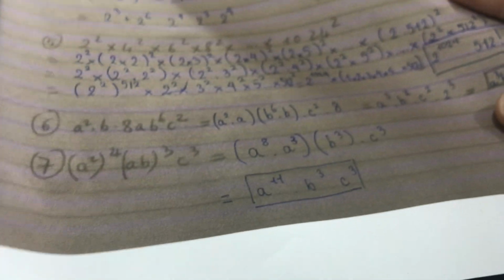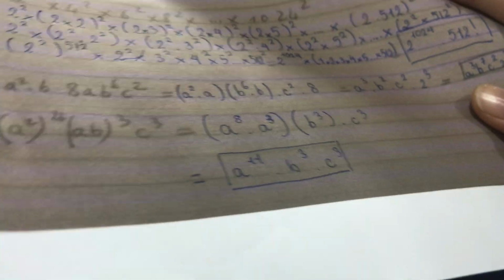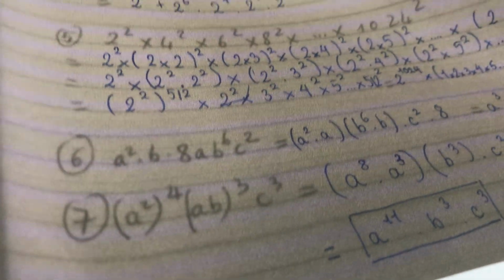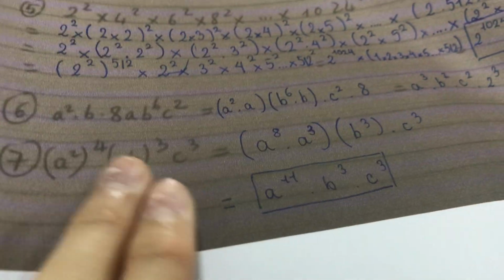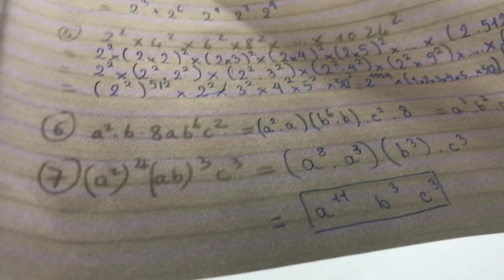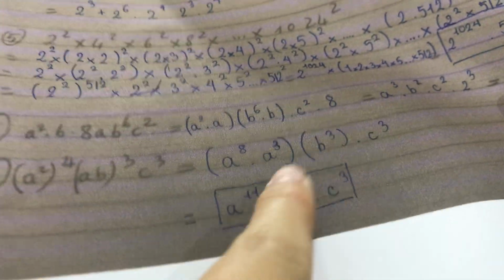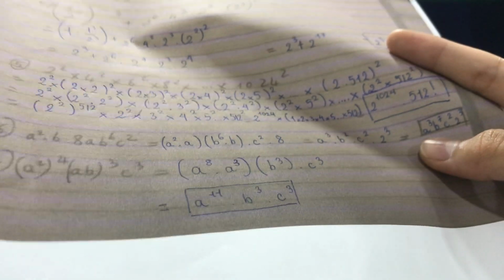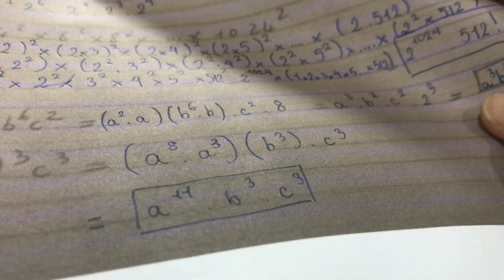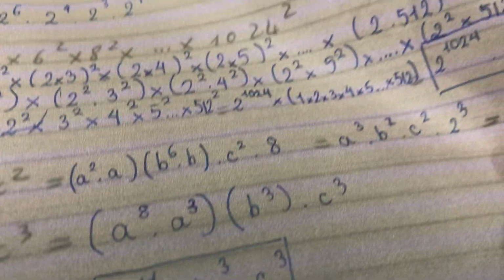Lastly, for problem number 7, we have (a to the power of 2) to the power of 4, which will equal a to the power of 8, because we will use the rule for the power of powers, times a to the power of 3, which will equal a to the power of 11. These are the basic rules of adding, subtracting, multiplying and dividing exponents.